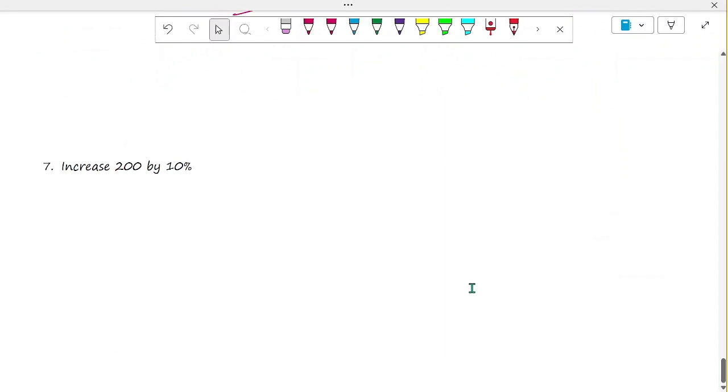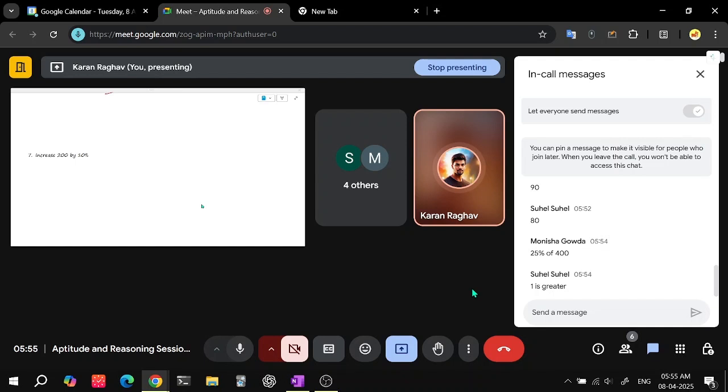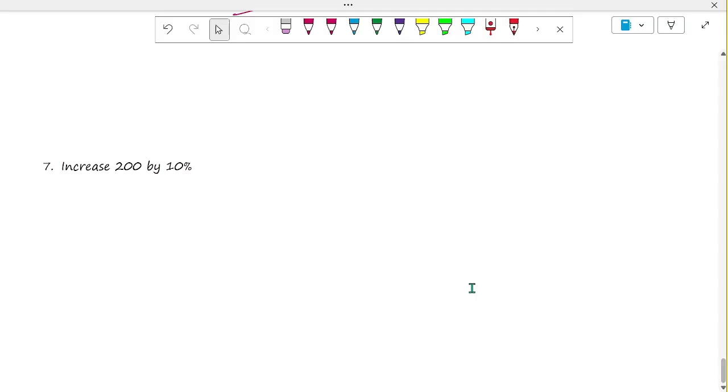Just try to solve this question and tell me the answer. There is an increase in 200 by 10%. How will you solve this question? What is the procedure to solve? You need to identify what is the procedure. I'll just tell you how you can solve this. There is an increase by 10% of 200.